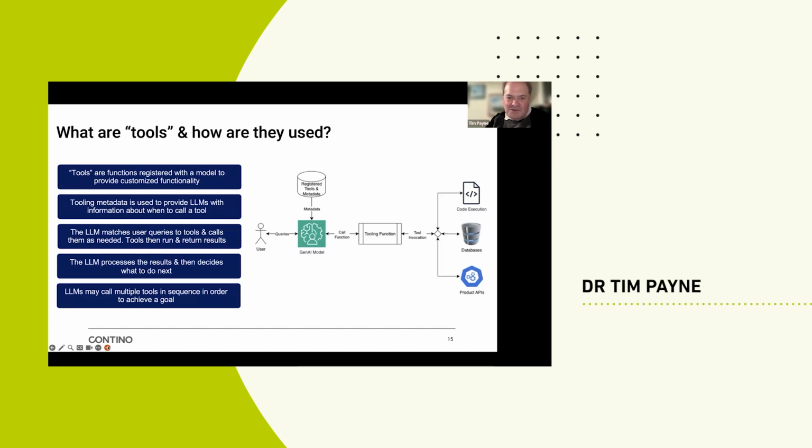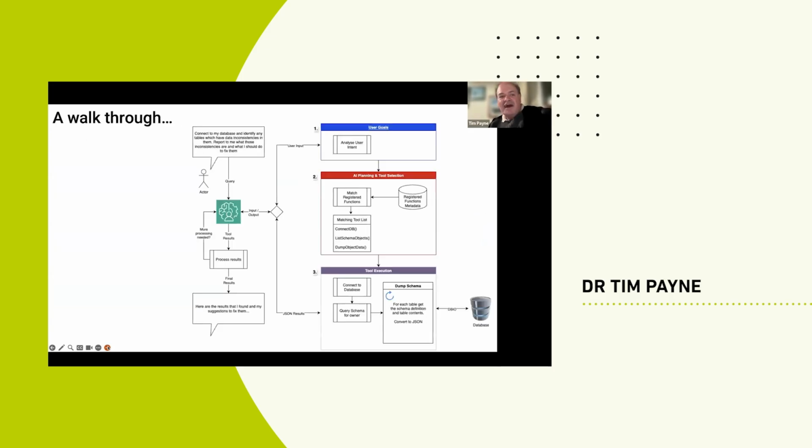Now, if we want to do a walkthrough for that, which is probably pretty relevant to the question of data analytics. Maybe my user comes along and says, okay, connect to my database and identify the tables that have data inconsistencies in them. Report to me what those inconsistencies are and what I should do to fix them.